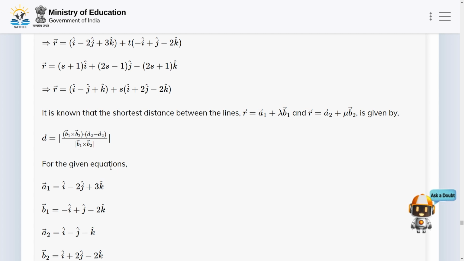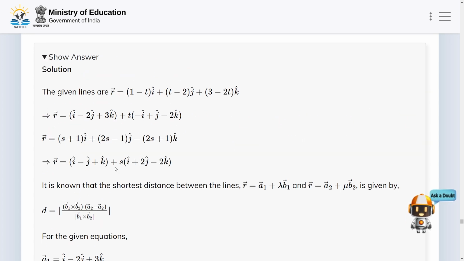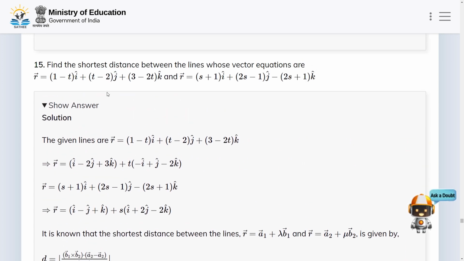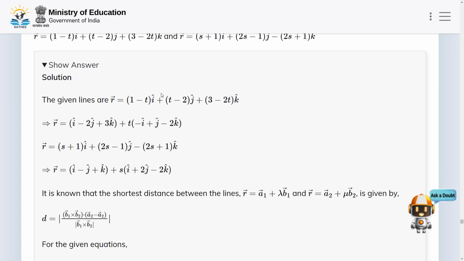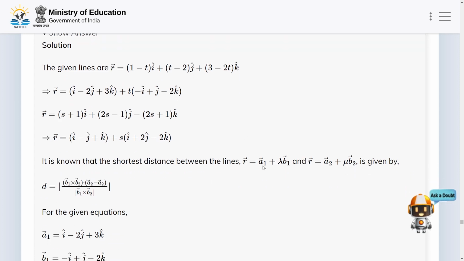Now as you can see, first of all, you have to make your form in this kind of form, that is a1 plus lambda times scalar times b1, and like this.